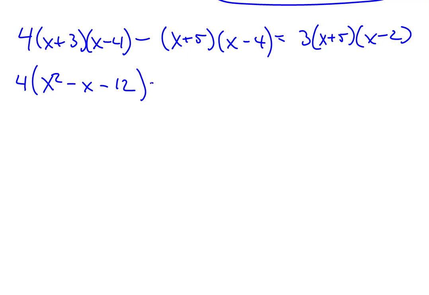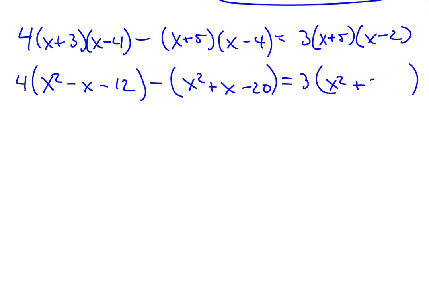I'll close that up, then a minus sign. Same thing with the second set of binomials. We'll multiply those together, and that would give us an x squared plus x minus 20. Then our equal sign, and then after that we have our 3, and then foiling the binomials following it would give us a trinomial of x squared plus 3x minus 10.